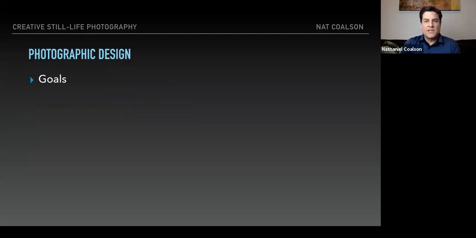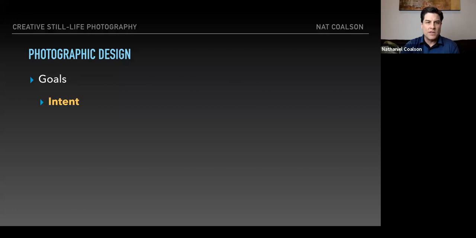This all takes us into the realm of what we would call photographic design, right? Where you are starting with a set of goals, which reflects your intent. Now, intent is highlighted here because your intention as a photographer is absolutely the most important tool that you have at your disposal.